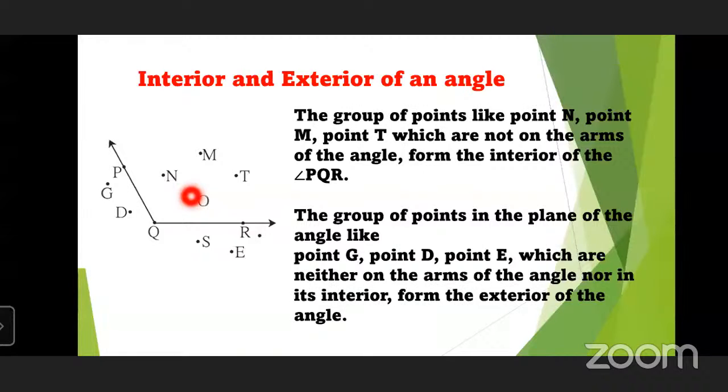So that's why these are called interior. And which are the exterior points? G, D, S, E. These are the exterior points, which are outside of the angle. Fine. So these two types of points are known as the interior and exterior of an angle.